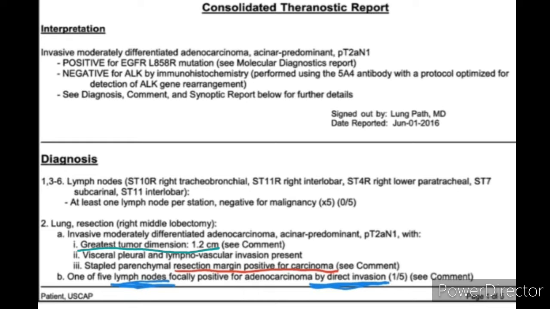And what they're saying there is that when the surgeon removed the tissue, the surgeon did not get a clear margin, meaning he did not get sufficient healthy tissue past where the cancer had grown in order to be safe.